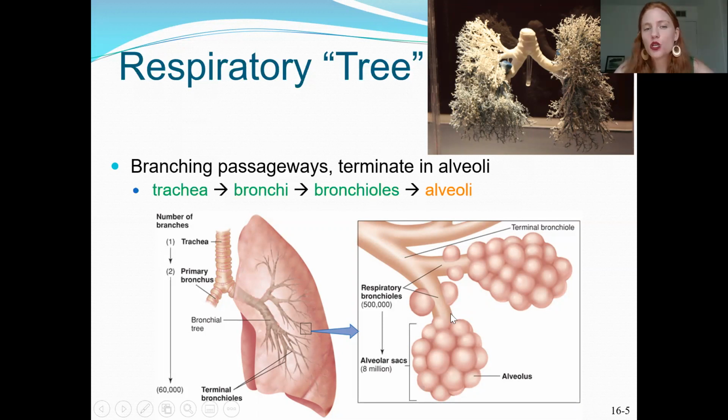And then they're going to terminate with these little clusters of air sacs. Those are called alveoli. So trachea to primary bronchi to secondary bronchi to tertiary bronchi, then finish off with bronchioles and then alveoli, which look like little clusters of grapes.